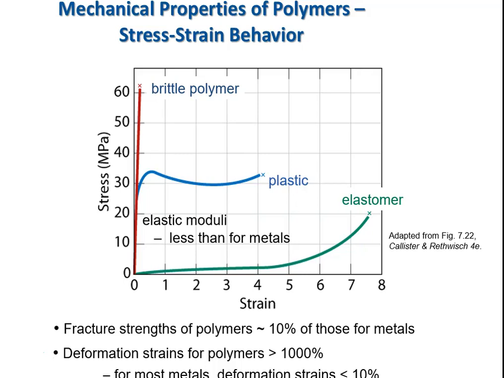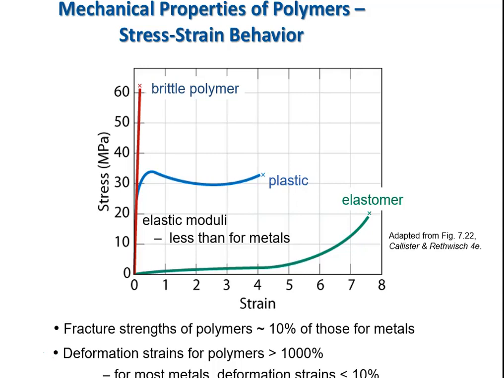Typical plastic that has some plasticizers. It's not a thermoset, for instance, basically maybe a thermoplastic with a few plasticizers, not very brittle, but not an elastomer, would follow the blue line. So this looks a lot like a metal, except for the fact that it doesn't have the characteristic maximum point in the engineering stress strain curve, and that's because it doesn't undergo necking quite the same way a metal does.